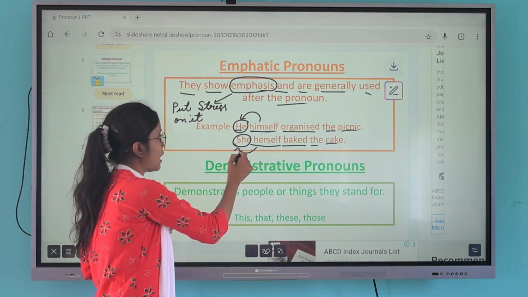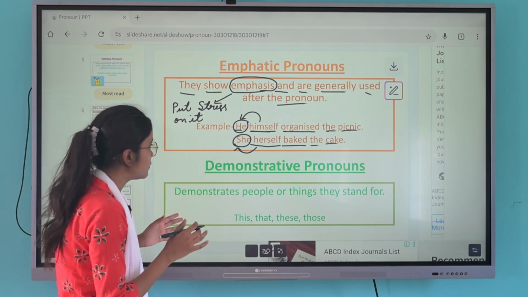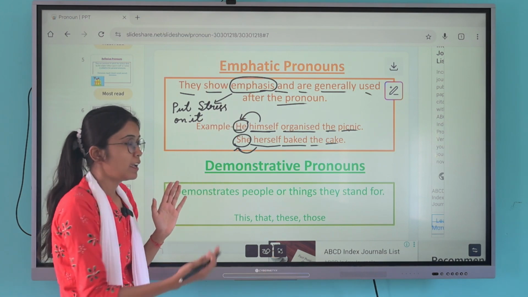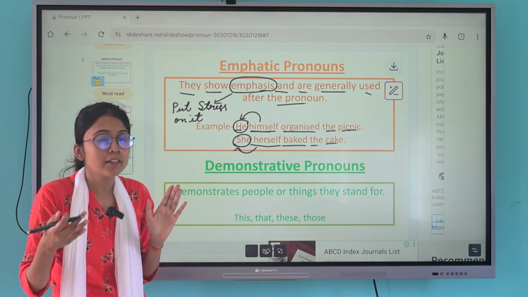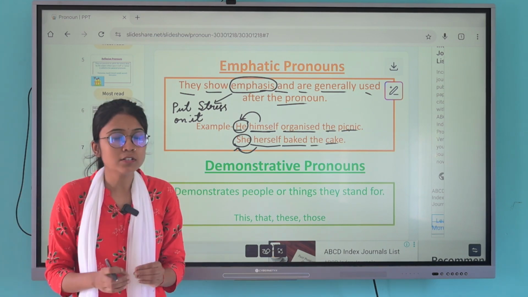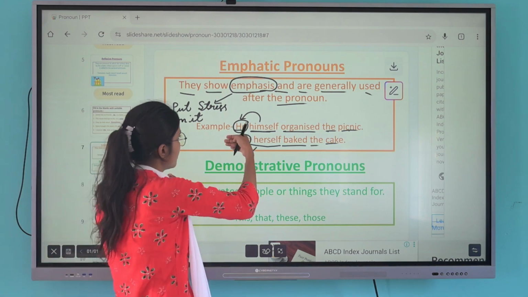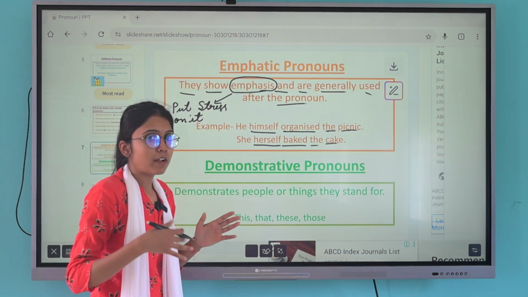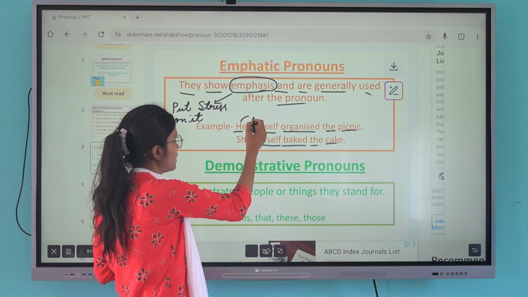And how will we identify it? Emphatic pronouns are always used after the subject, like he himself.